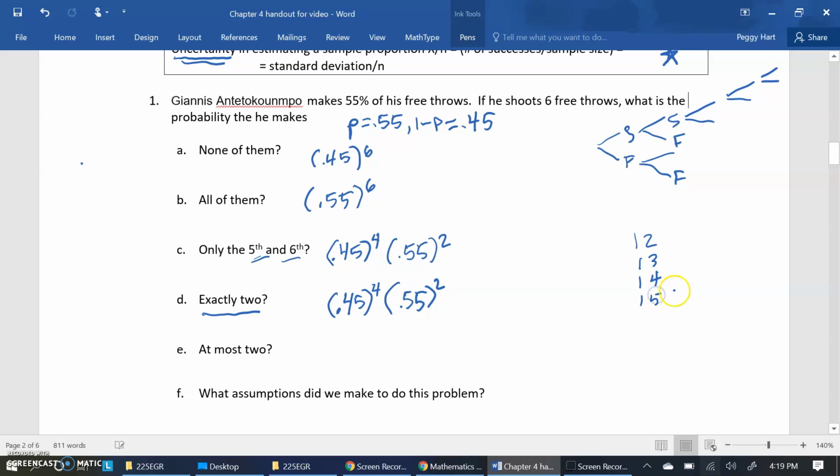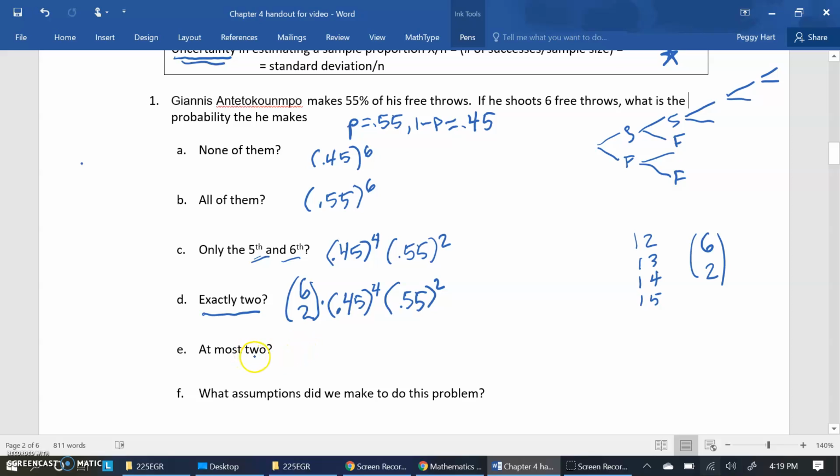But that's what we've been studying. How do you count those? We are picking 2 out of 6 choices. 6 choose 2, that's 15. So there are 15 different routes in this big tree diagram that will give you exactly 2 successes.